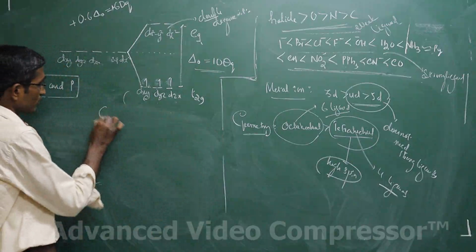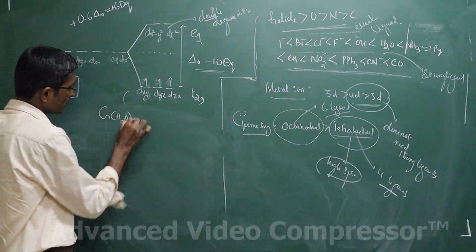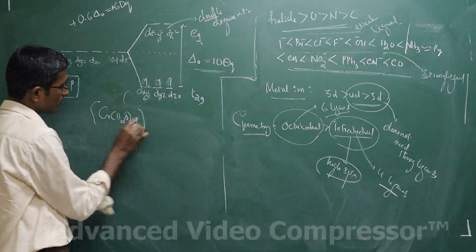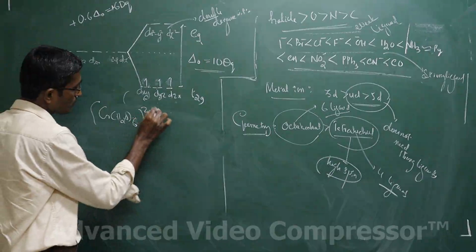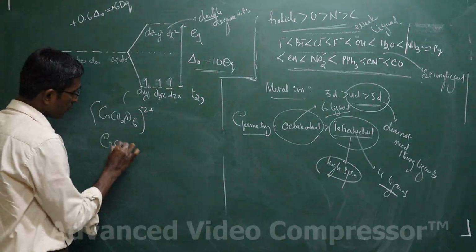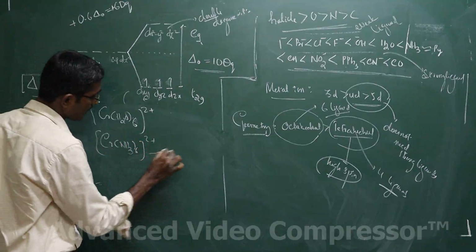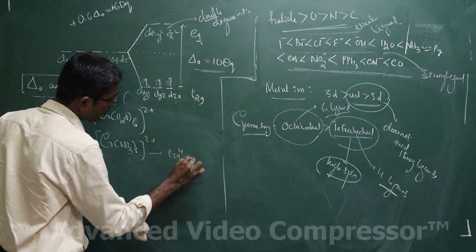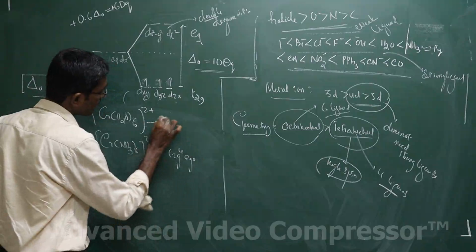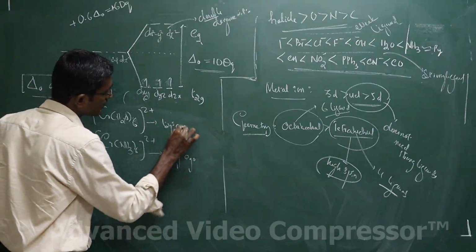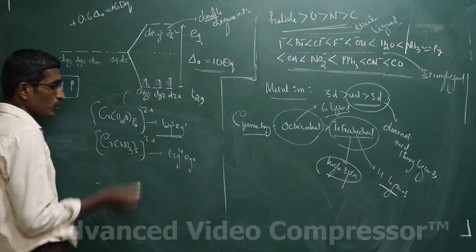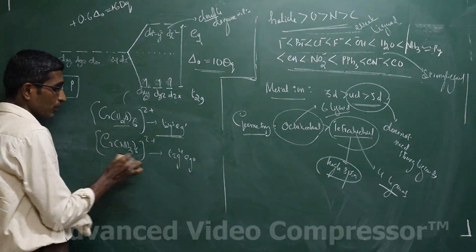So we have seen chromium water 6 times, 2 plus, and chromium ammonia 6 times, 2 plus. This we had written as t2g4 eg0, whereas this is t2g3 eg1. Why had we written so? Because the ligand is important here.